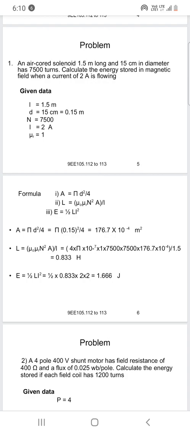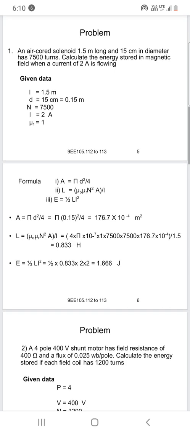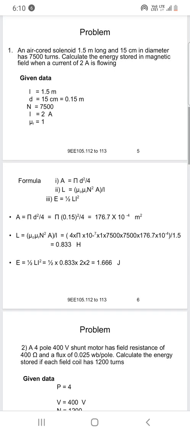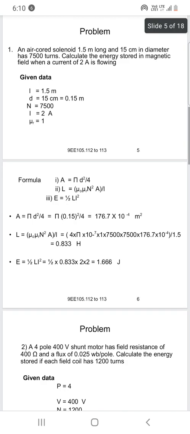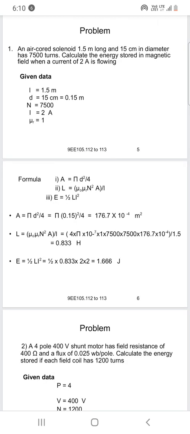Calculate the energy stored in the magnetic field when a current of 2 ampere flows.